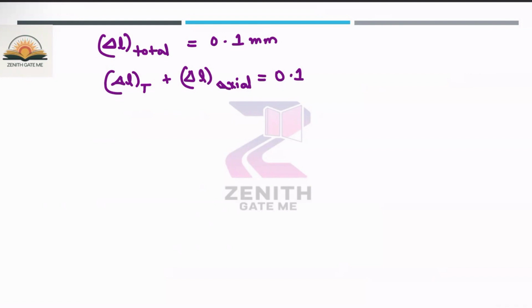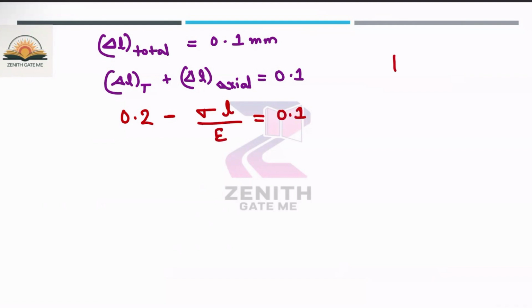So thermal deformation you already have calculated, which is nothing but 0.2 value. What is the axial deformation? Axial deformation is nothing but sigma L divided by E, and the total is equal to 0.1.